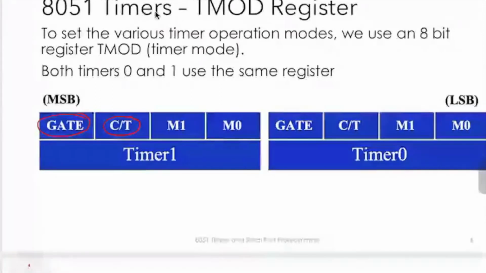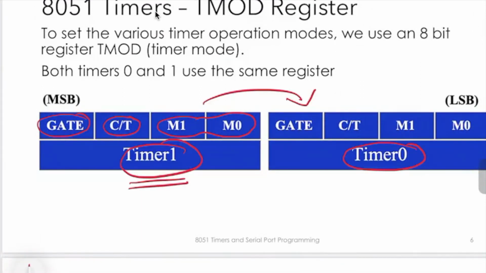Then we have 2 bits reserved for the mode of the timer. And the same thing is duplicated here also. Upper nibble is for timer 1 and lower nibble is for timer 0. The contents are just duplicated: gate, counter/timer, M1 and M0, for each.